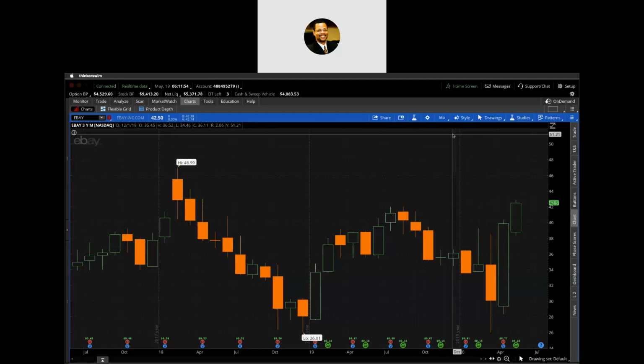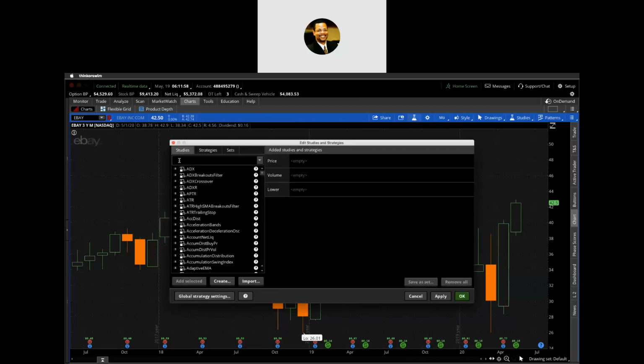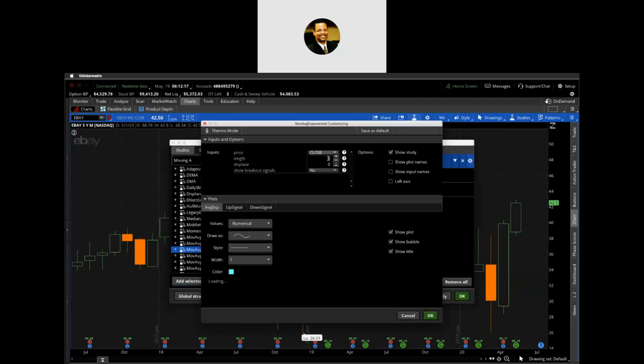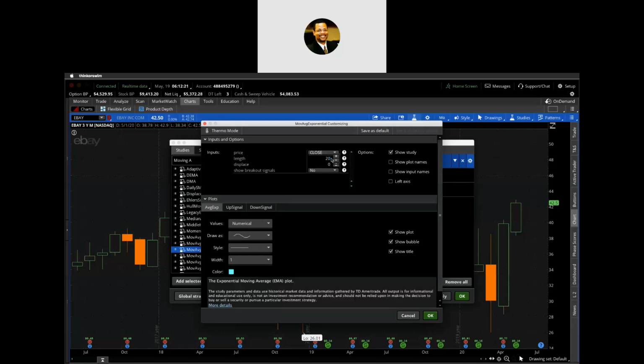Second step is I'm going to add a study, in the category of moving average. It's an exponential moving average right here. So I'm going to select the exponential moving average and add it. I want my exponential moving average to have a length of 20, which references lengths of whatever your chart is based on.